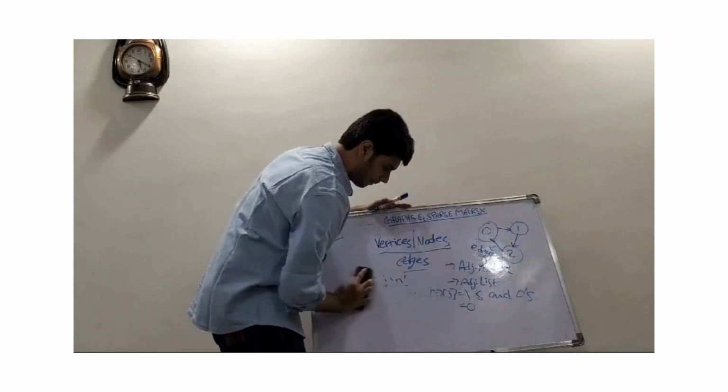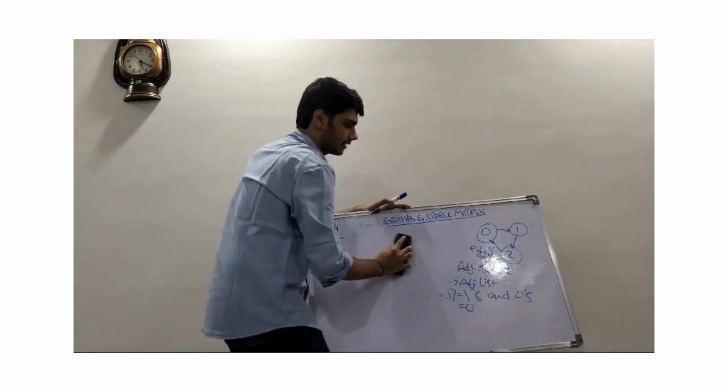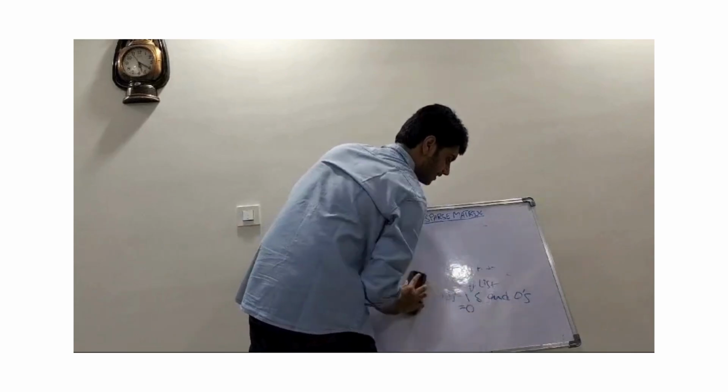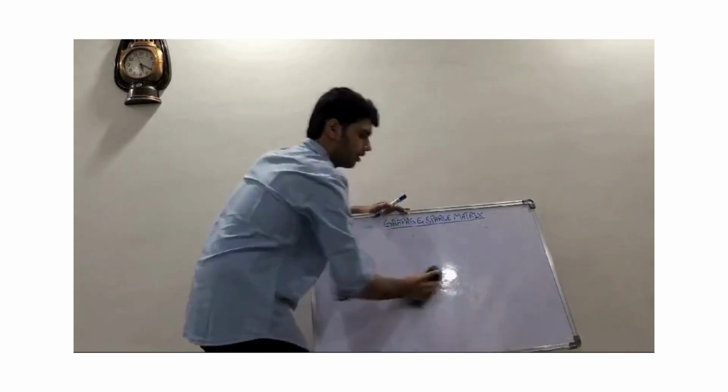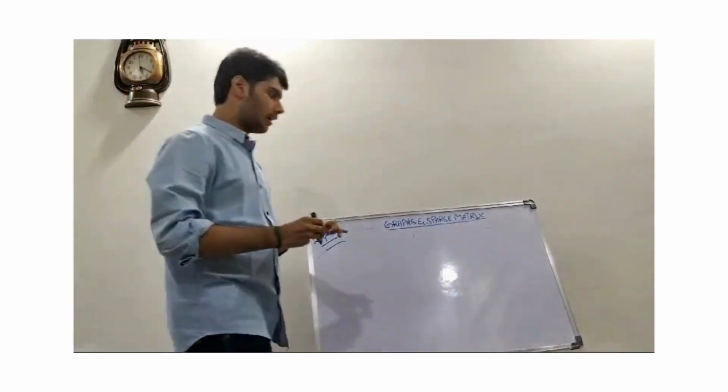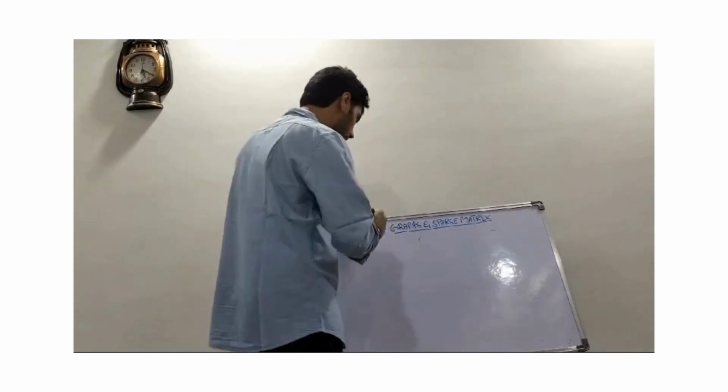Let us take an example for undirected and directed graphs for adjacency matrix representation. Let us take an undirected graph.